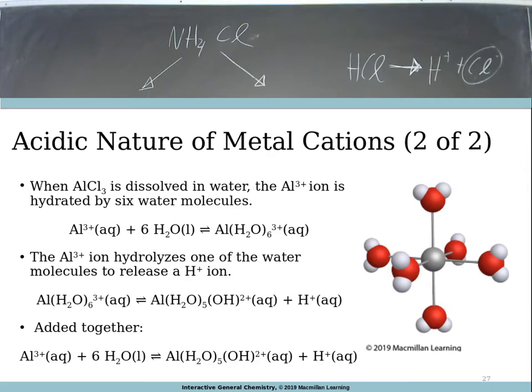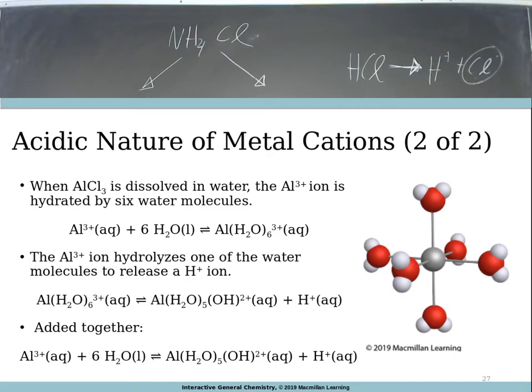But they become truly bonded to the aluminum. 6 waters will bond to the aluminum. And then, just as a result of how the electron densities are shifting with the formation of these new bonds, in the context of the larger aluminum hexahydrate complex, one of the hydrogens will actually be released as an H+. And so that makes the aluminum ultimately increase the H+ concentration. That makes it an acid.